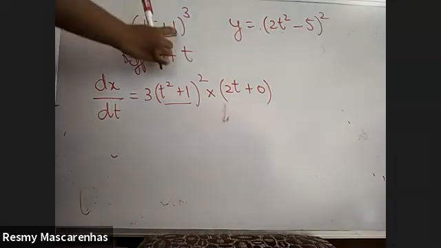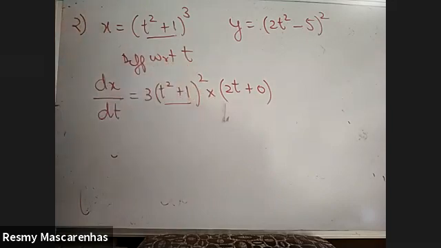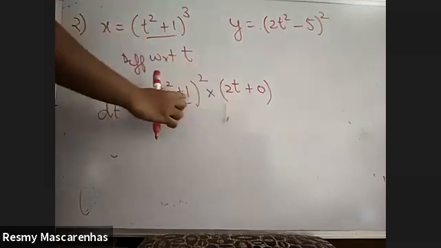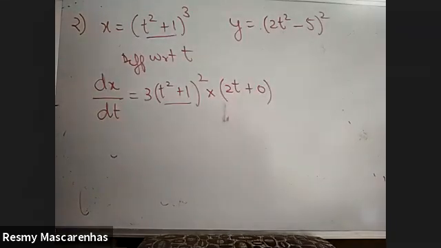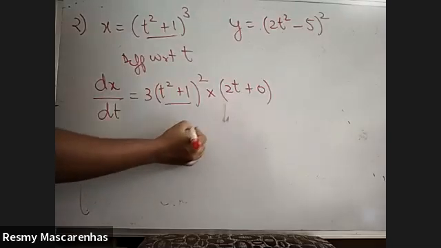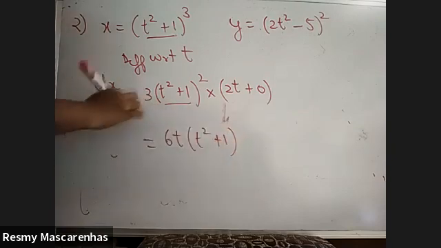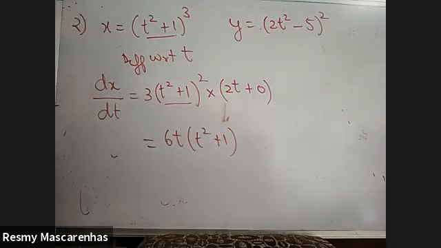Okay, this full thing cube. So 3x square into the derivative of whatever is inside the bracket. t square will be 2t and the derivative of 1 will be 0. So the 2 will get multiplied here. 6t into (t square plus 1) square is your dx upon dt.